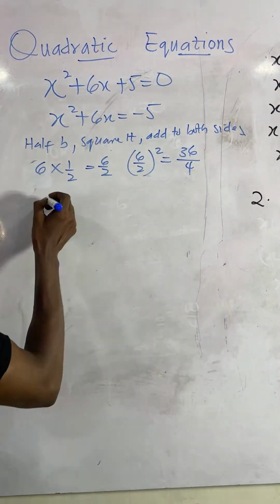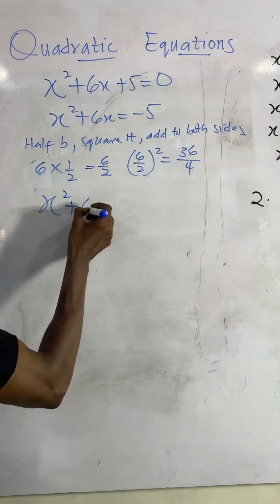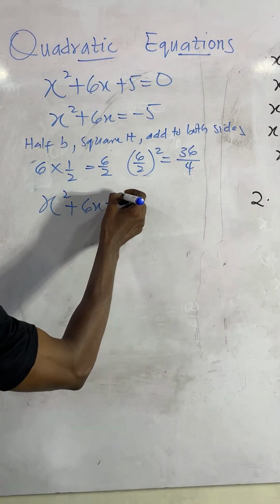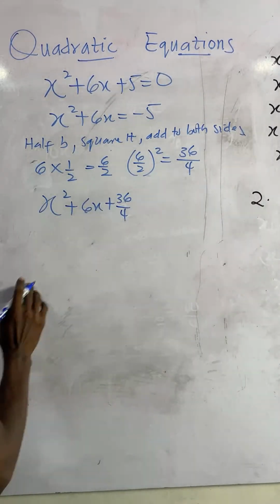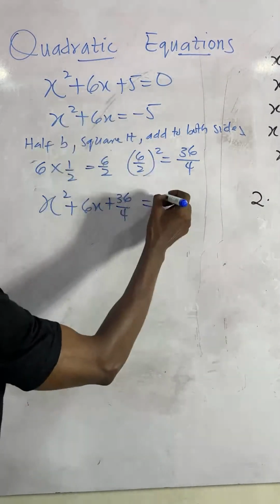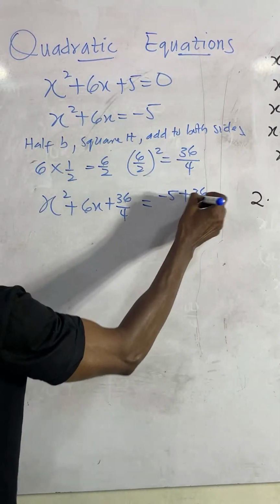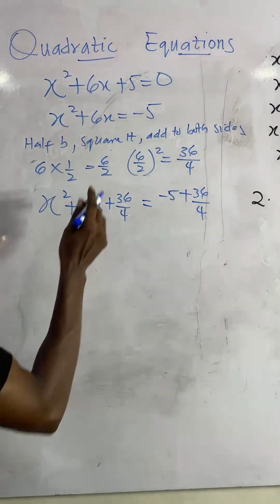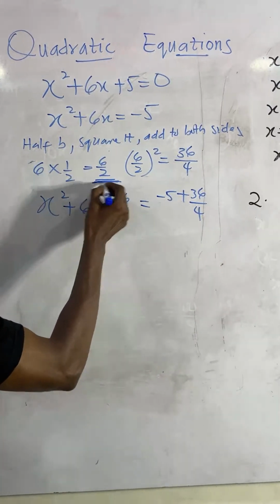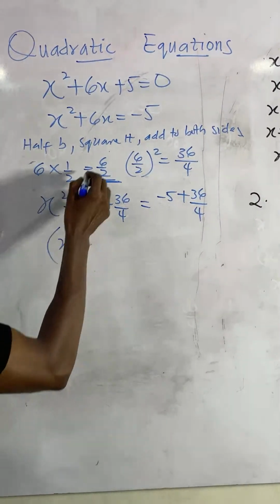So for this side, we have x squared plus 6x plus 36/4 equal to -5 plus 36/4, right? So don't forget the half value. You always need it.